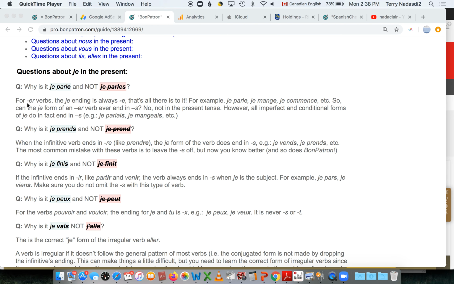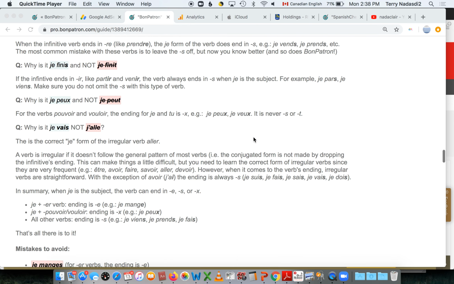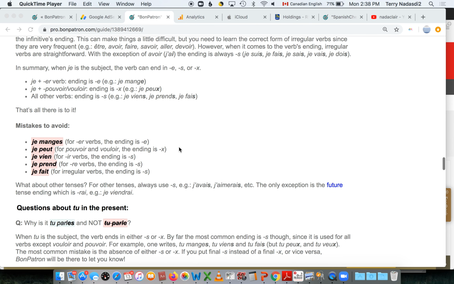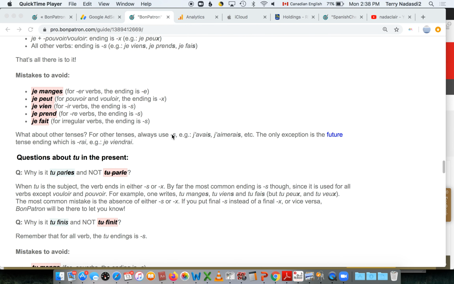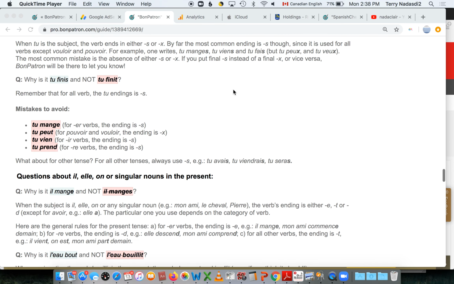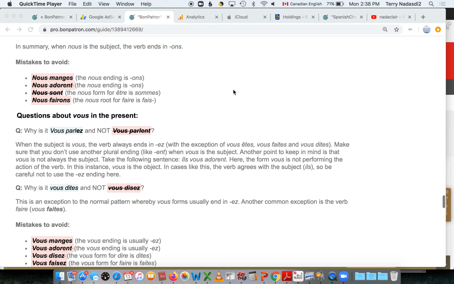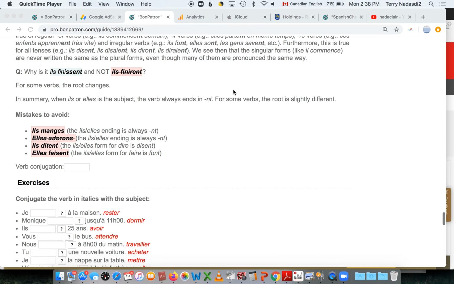And we give you the explanations, the answers to the question below. So be aware of the common mistakes, and you have quite a few questions to consider in this section, and lots of mistakes to avoid.